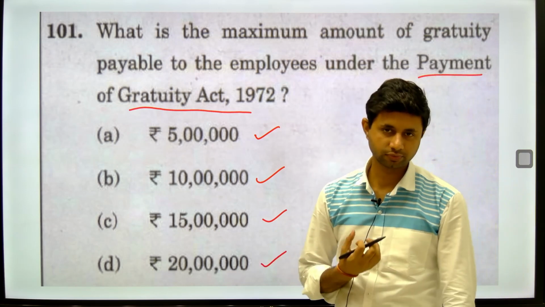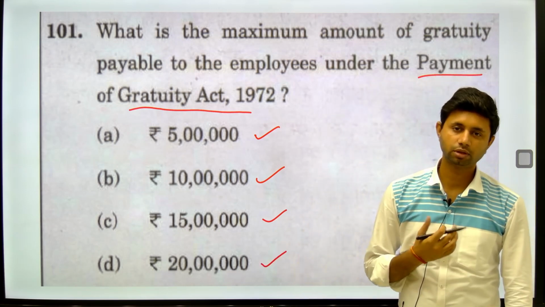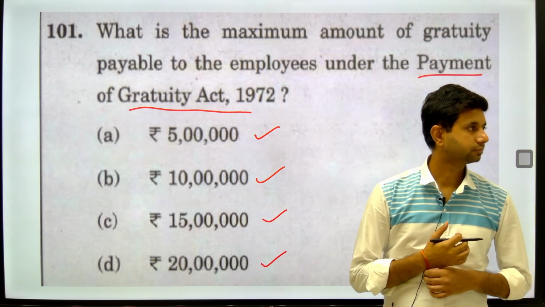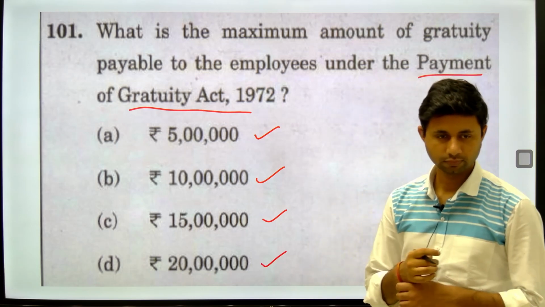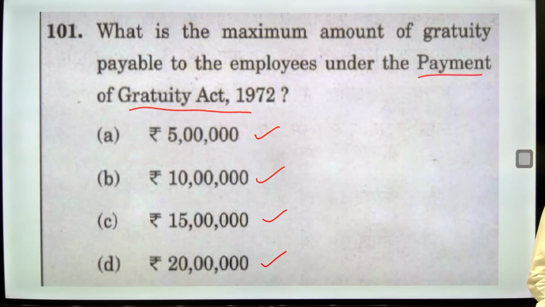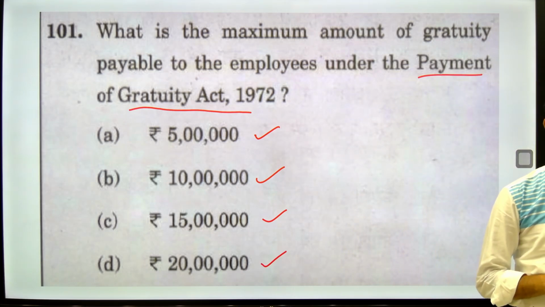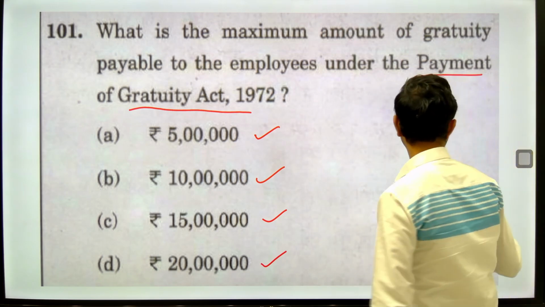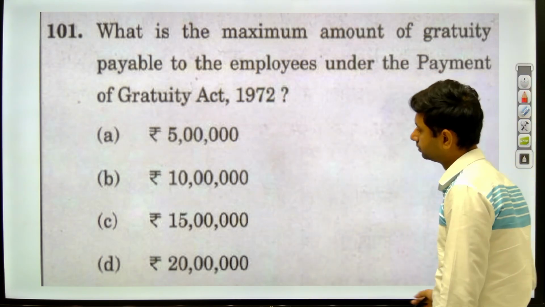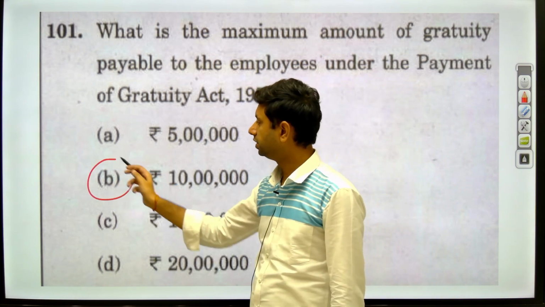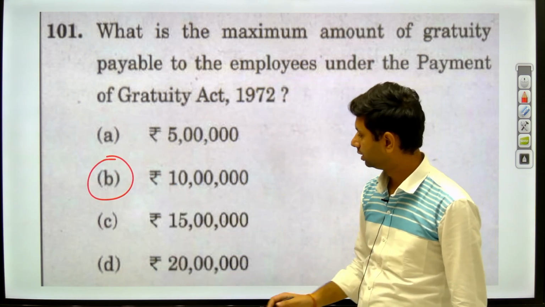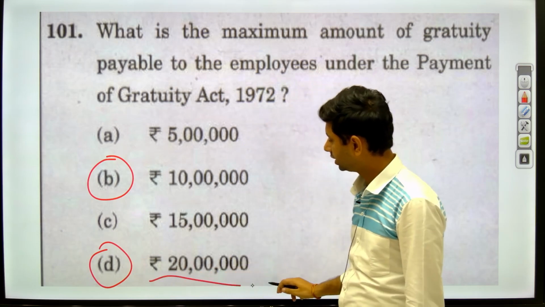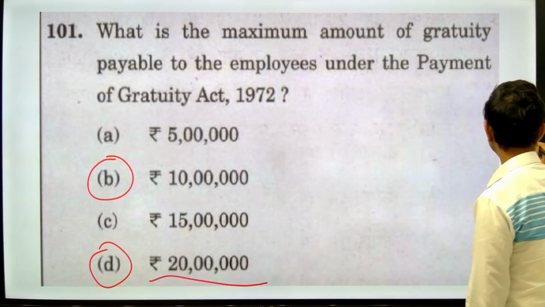And there is a catch with respect to this, and we will see what the catch is. So the answer, although initially it was 10 lakhs, after amendment it has been increased to 20 lakhs. Let's see the solution portion of it.